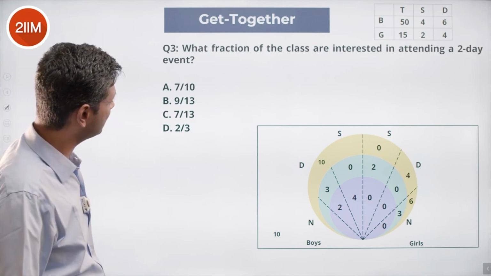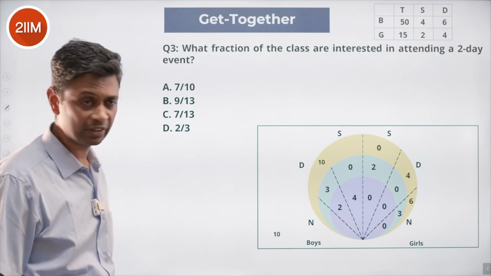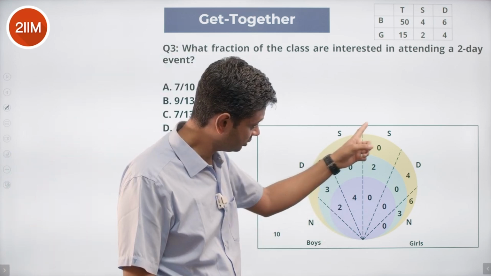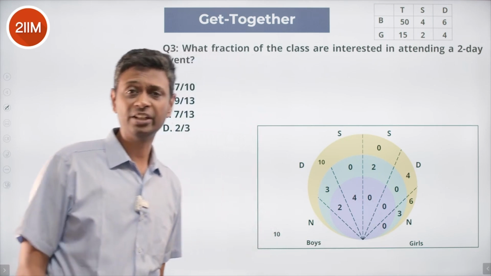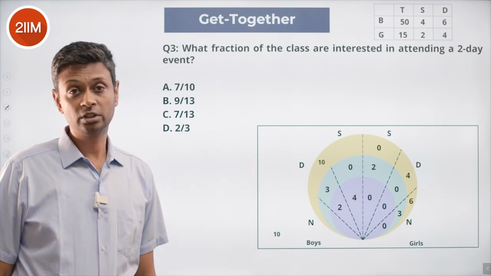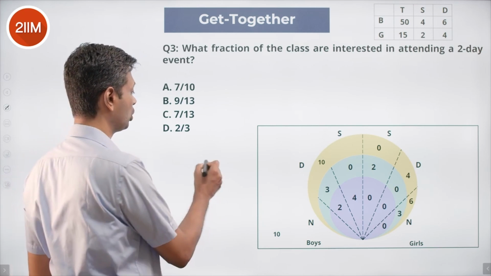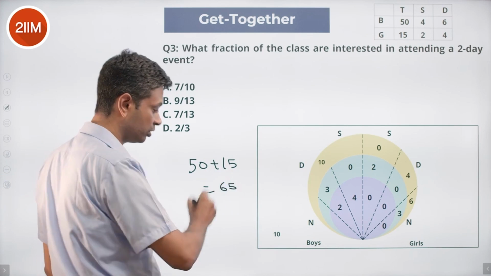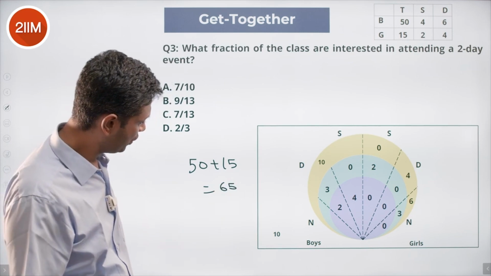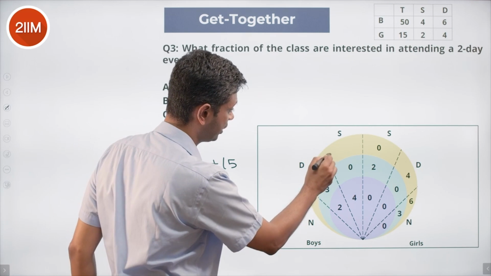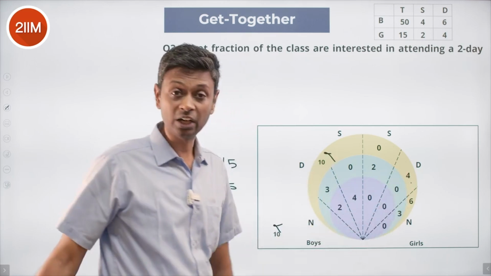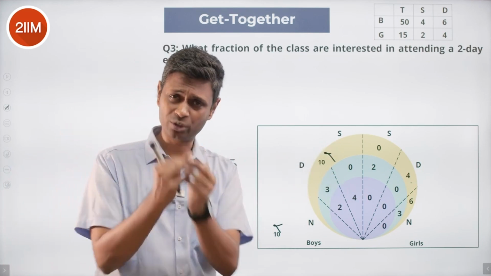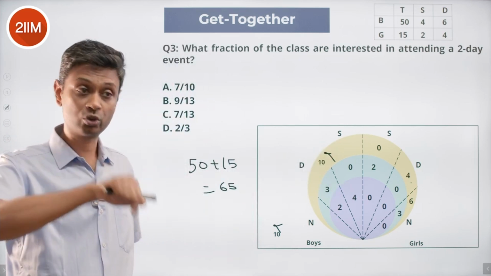What fraction of the class are interested in attending a 2-day event? 2-day event is this circle. So this 10 goes off, that 10 goes off, 10 plus 10, 20 is gone, this 10 is gone, 30 is gone. So the remaining, totally there are 50 plus 15, 65 people, 50 boys and 15 girls, 65 people, of which this 10 is out, this 10 is out, and this 10 is out, 30 is out. 35 are interested in attending a 2-day event, which includes a part which is interested in attending a 3-day event also.